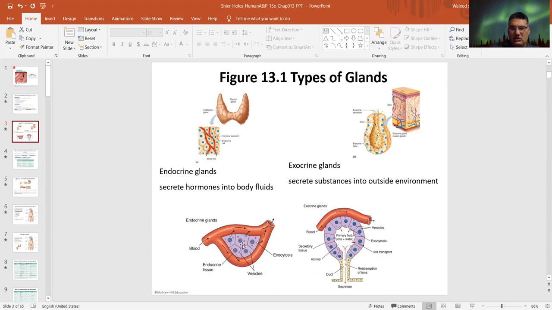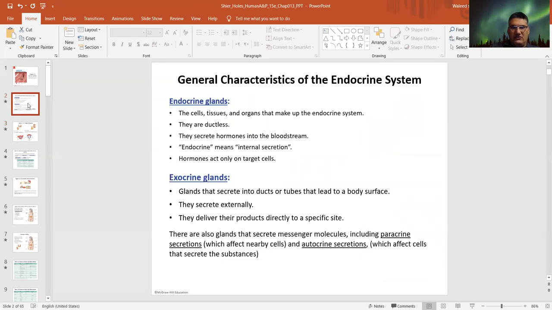It will be secreted in between the cells, and then it will move until it reaches the blood, and it's going to go in the blood until it reaches its destination. This is the main difference between endocrine and exocrine. Endo means internal. Exo means external.